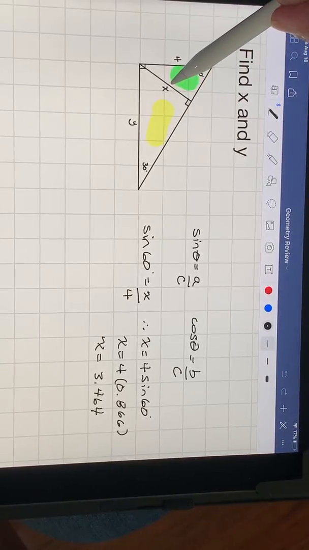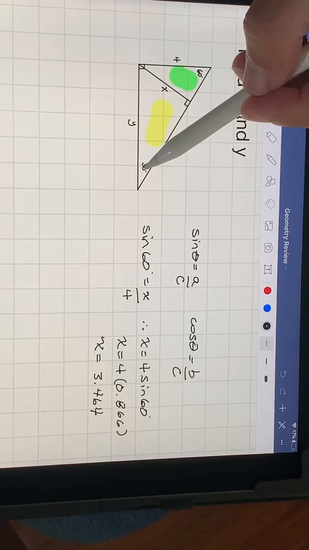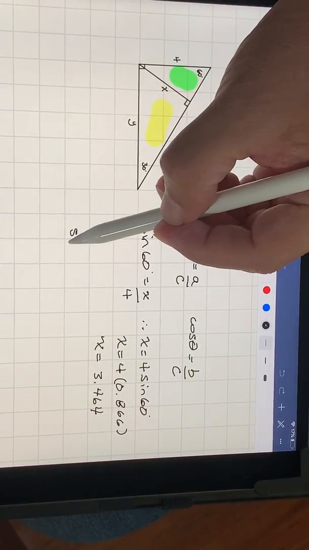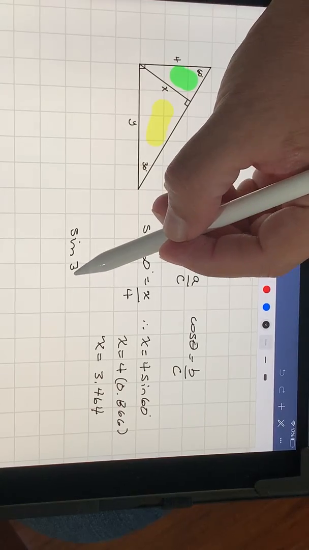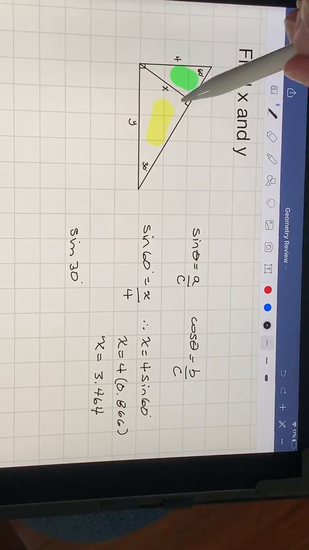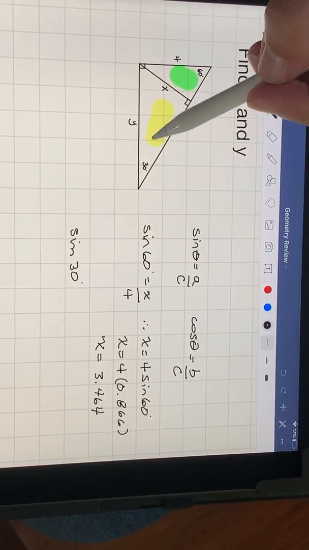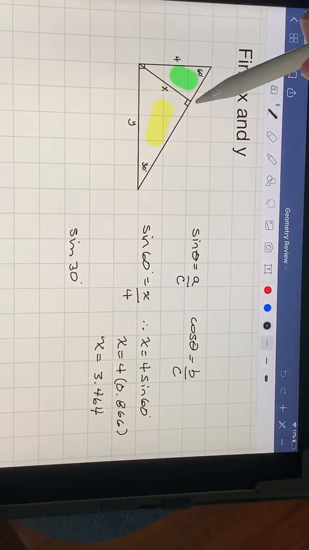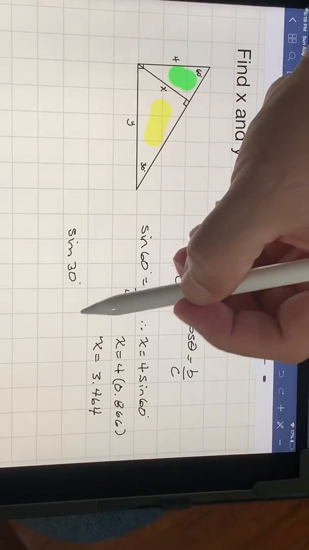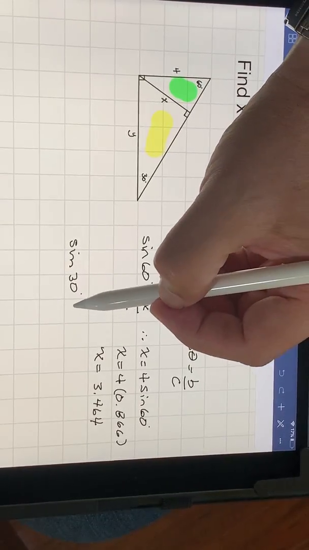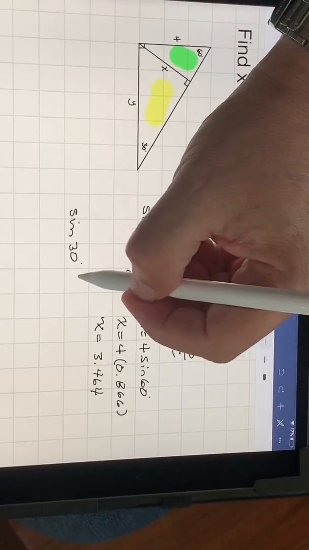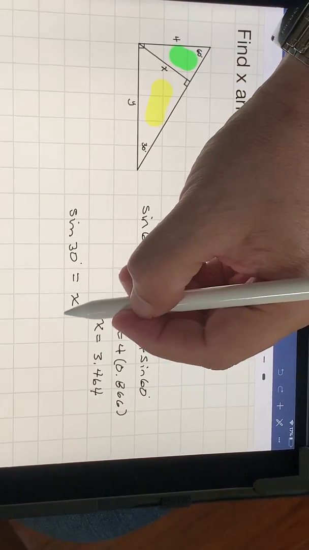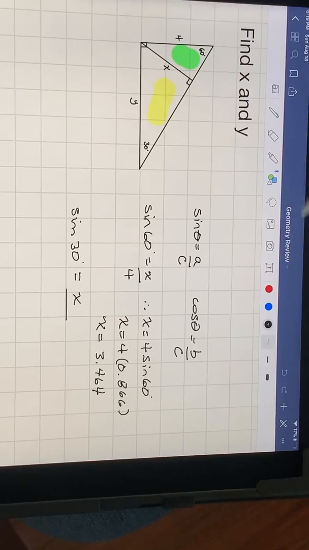Okay, now we have that x is opposite to 30. So now we can say that the sine of 30 is going to be equal to x divided by the hypotenuse.